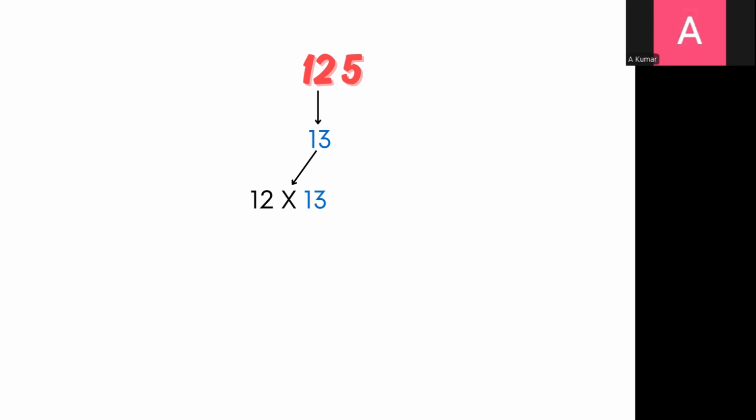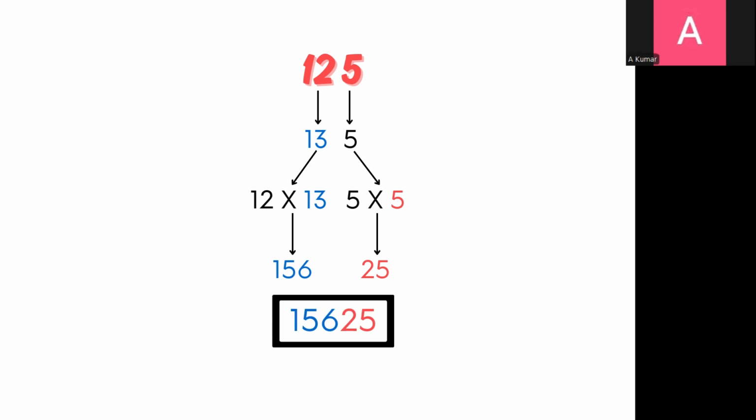And if we multiply 12 and 13, we are going to get 156. And rather than 5, what am I going to write? 25. So if you calculate the square of 125, you will get 15625. Simple trick.